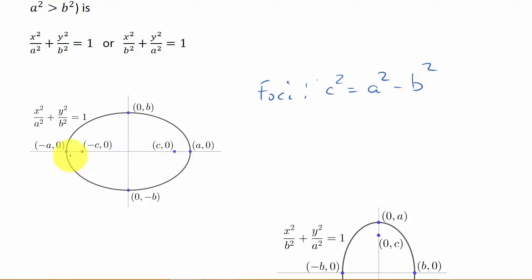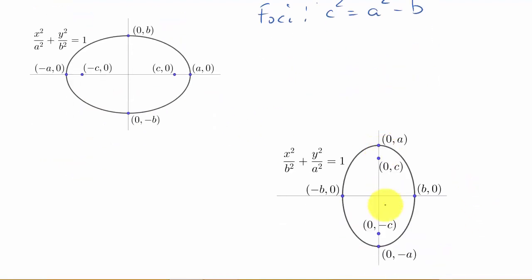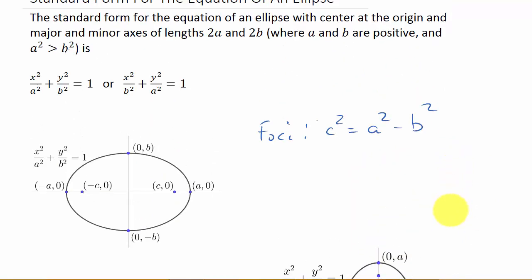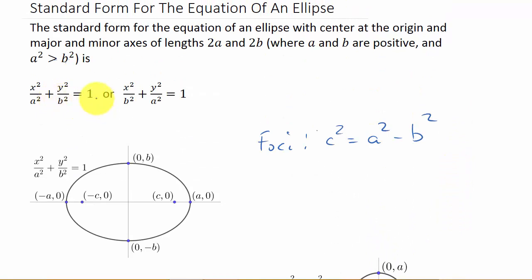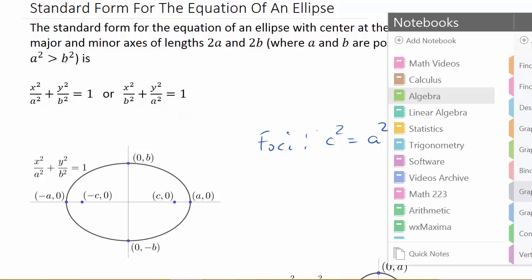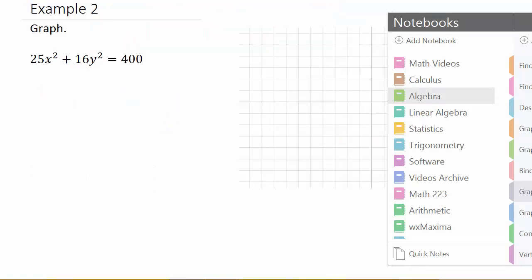Notice when the major axis is horizontal, your c value is your x coordinate, and when your major axis is vertical, your c value is your y value. And the other thing I want to point out is that the equations for the ellipse are always equal to 1.